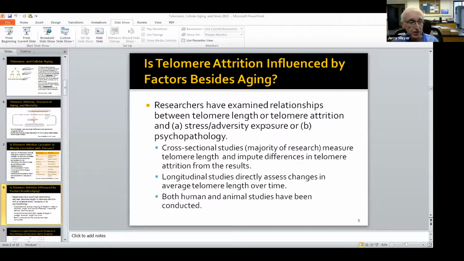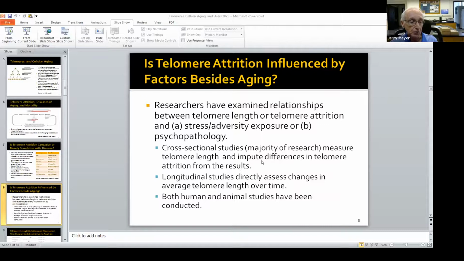A number of studies over the last, say, 10 years or so have begun to really examine this. The majority of these studies are cross-sectional, where you look at individuals, say at different ages, but also importantly, individuals who have undergone different degrees of stress or adversity in their life.